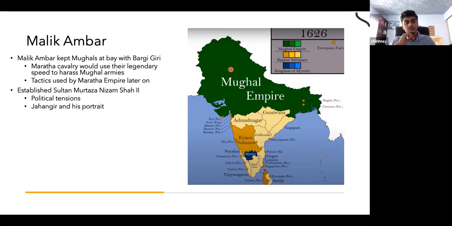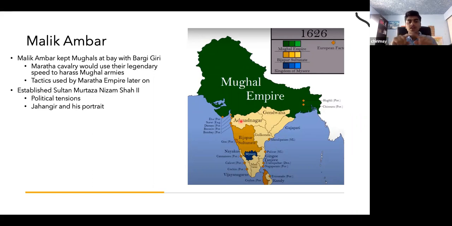But just because of the way Malik Ambar would conduct his kingdom, the tactics he used, this Bargigiri tactic, it became near impossible, despite the Mughals being so large, to capture such a small territory. It is said that Jahangir got so upset that he could not capture Malik Ambar that he ordered a portrait to be created.